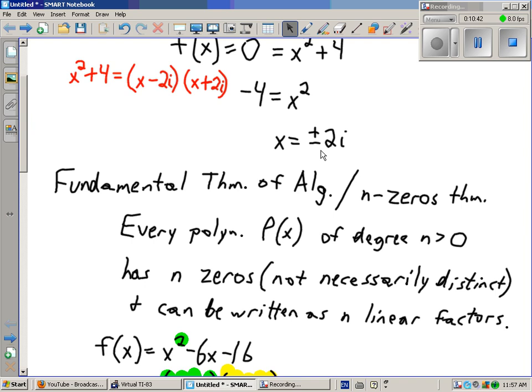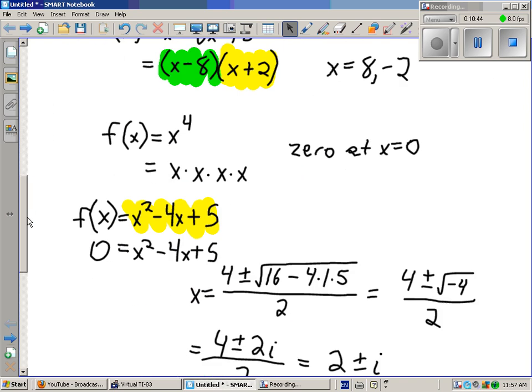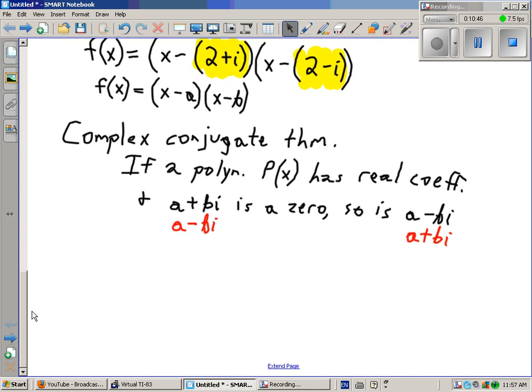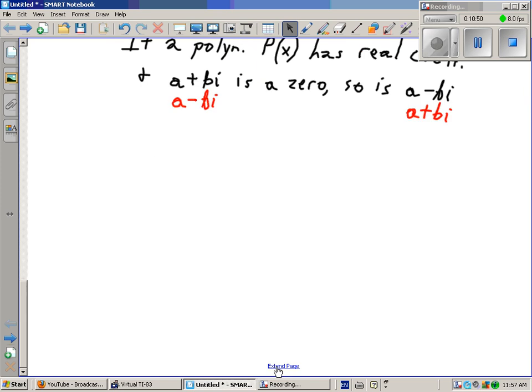You switch the sign on the imaginary part of the number. So what this essentially gives us is a buy one, get one free deal, because if you find one, then you automatically have found the other. This can come in handy because it cuts our work considerably.